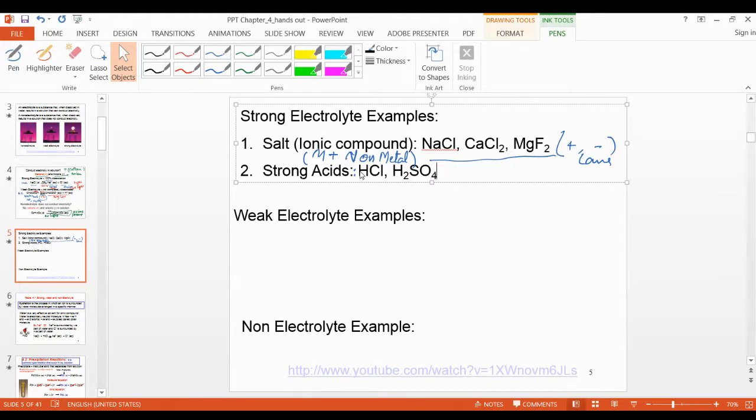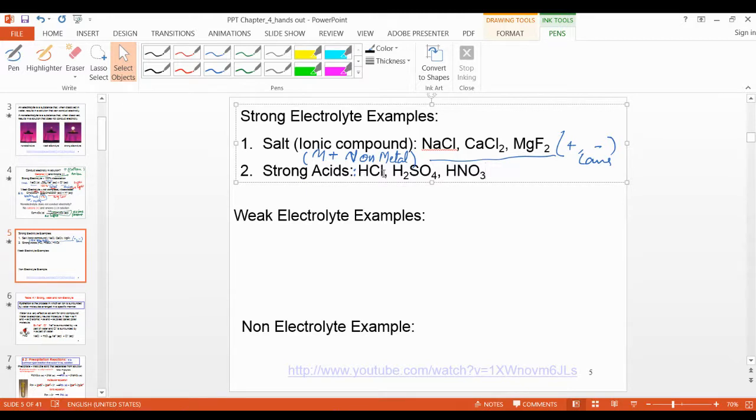This is sulfuric acid. All right. Sulfuric acid, nitric acid, HNO3. This I already explained in chapter 2. What are the acids without nitrogen and with nitrogen?